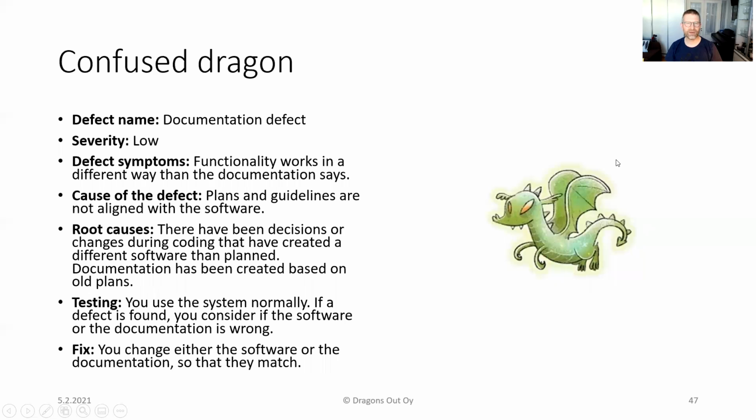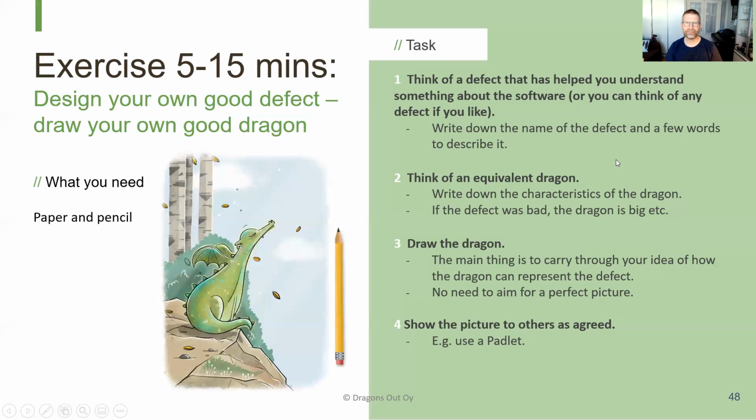It works in a different way. So there's a difference for whatever reason. And this is a problem for users, of course. How this kind of documentation defect is fixed is by aligning the documentation and the software together. So either you change the documentation or you change the code so that they work in the same way. And then it's fixed. So it's all about documentation.